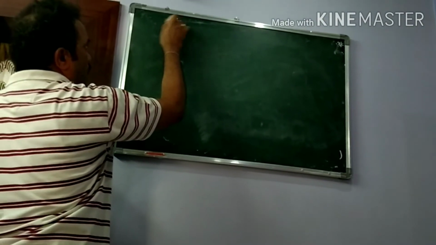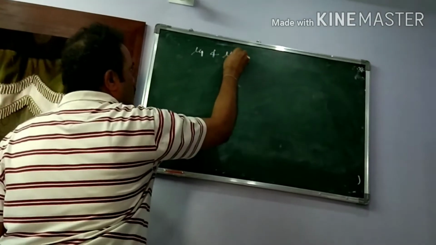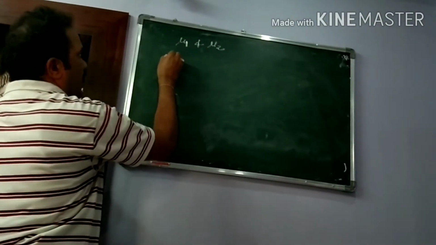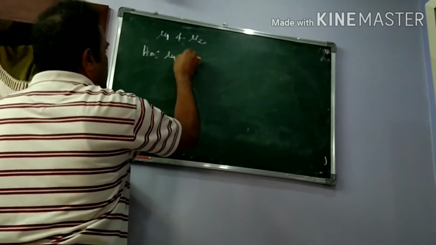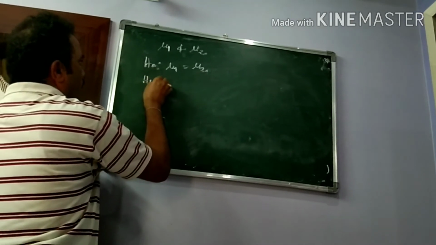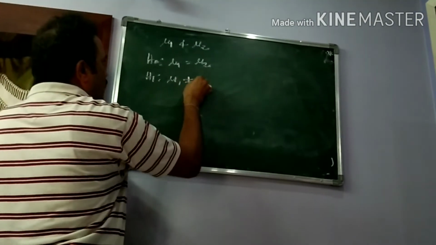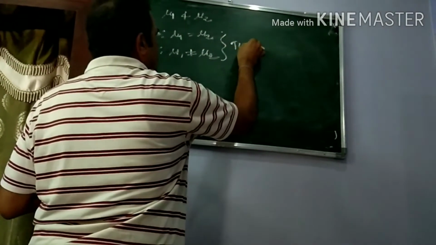Suppose the two population means mu1 and mu2 are given. What is the null hypothesis? H0: mu1 is equal to mu2, against the alternate hypothesis H1: mu1 not equal to mu2. So this is the two-tailed test.